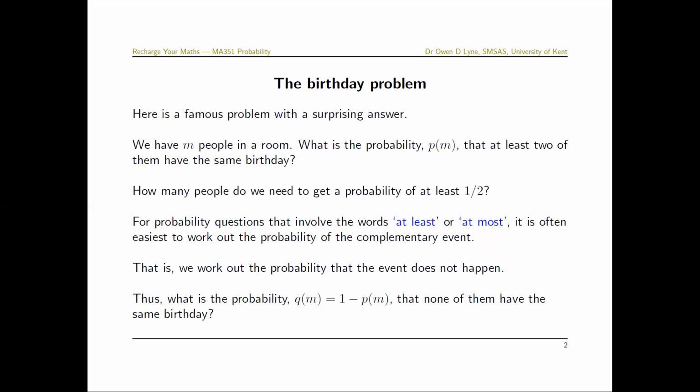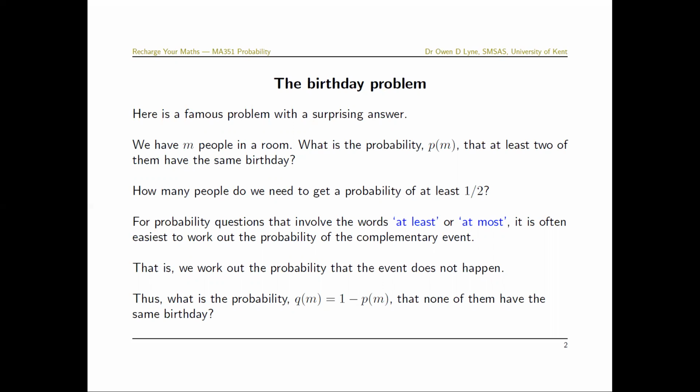For probability questions that involve the words at least or at most, it's often easiest to work out the probability of the complementary event, the probability that the event doesn't happen. Because if I had 100 people in the room, I could have 5 people who were born on September the 7th. I could have 2 people born on August the 9th. I could have 3 people born on one day, 4 people born on a different day.